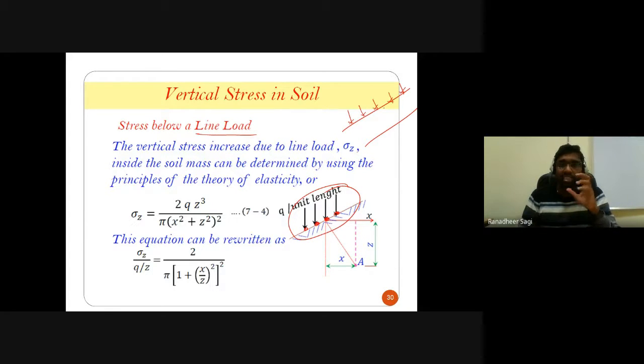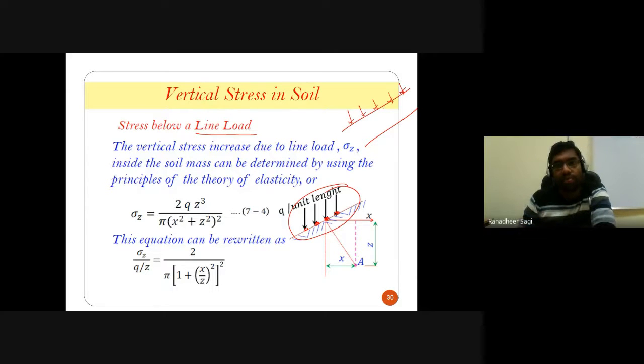So how do we analyze this particular case? Same as what we had, given by Boussinesq. In a similar way, this expression is also derived. Boussinesq first derived the expression for a point load. Here what we have is a series of point loads existing in a line.